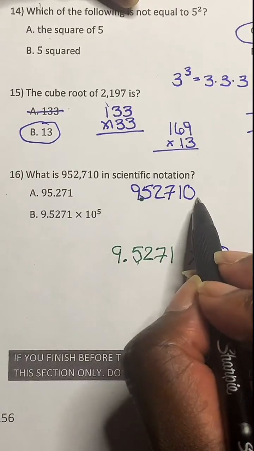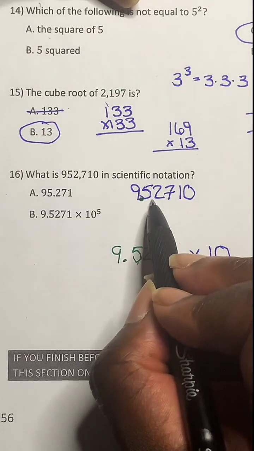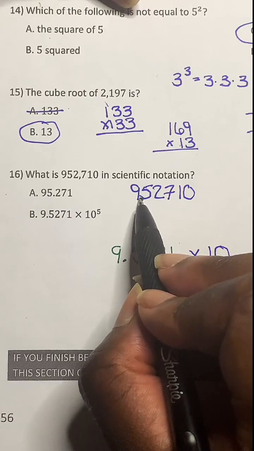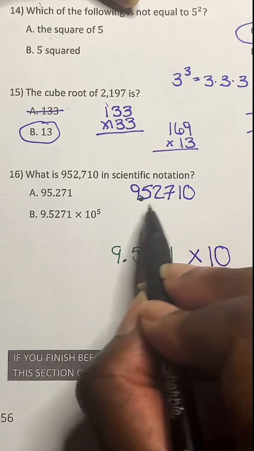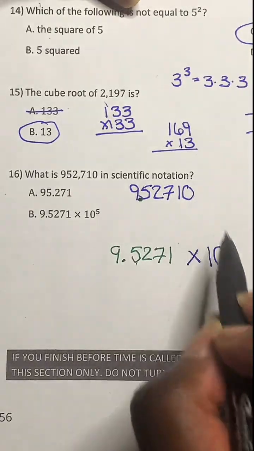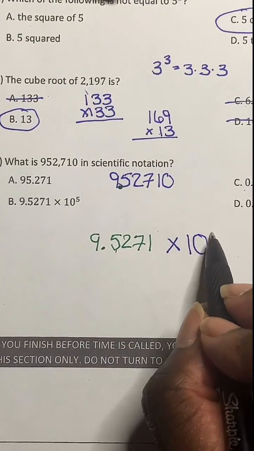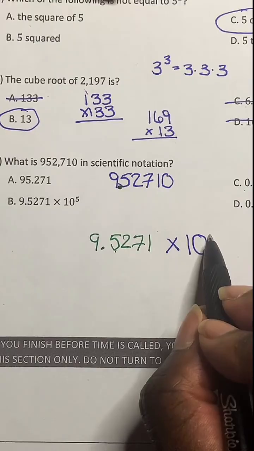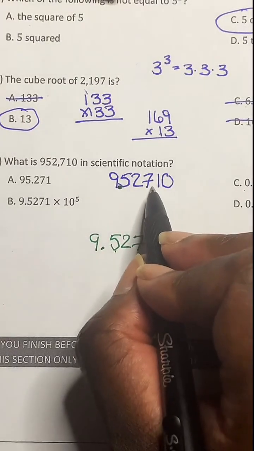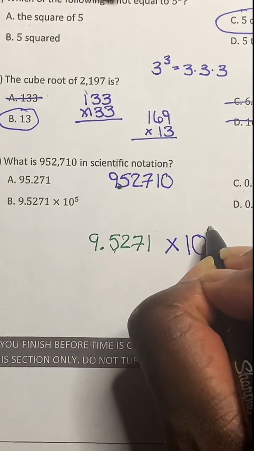Starting back here, I'm going to go 1, 2, 3, 4, 5. I had to move that 5 decimal places. Now, since the original was a whole number, my exponent here is going to be a positive number. And what number goes there is how many times I had to move the decimal place, which was 5.